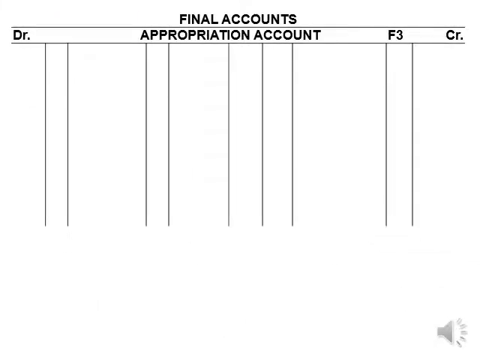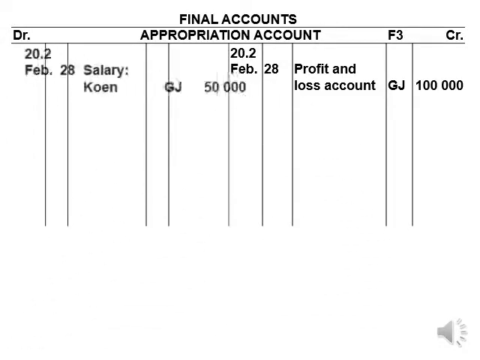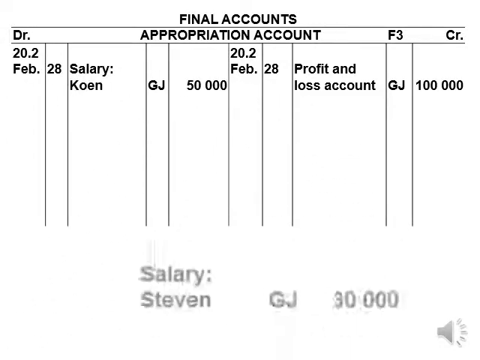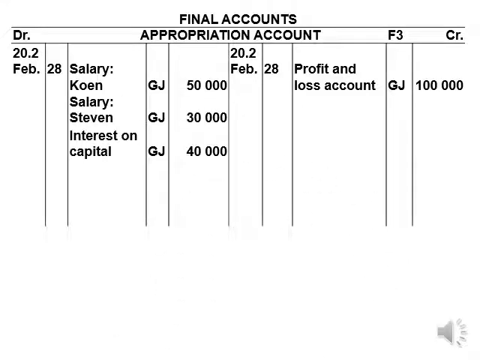So let's look at the appropriation account. We have made a profit, we have debited the profit and loss account, and we will credit the appropriation account. So we've made a profit of 100,000. First paid out of the 100,000 needs to be the primary distribution, which is the salary of each partner and the interest on capital. The salaries and the interest on capital, which is the primary distribution, add up to 120,000.